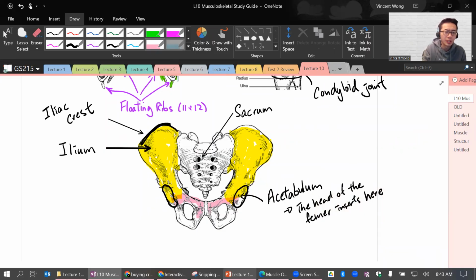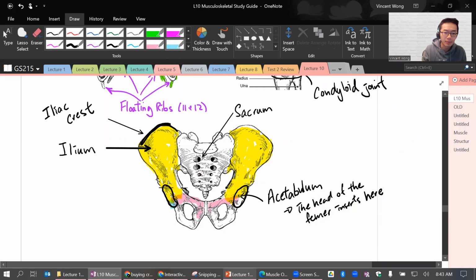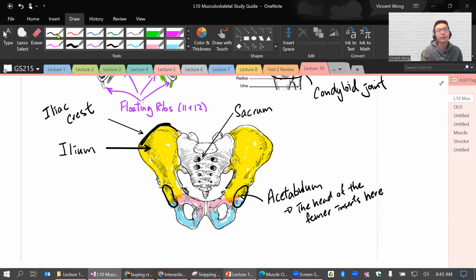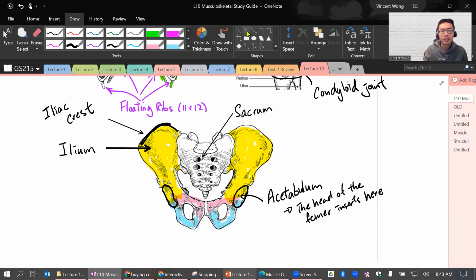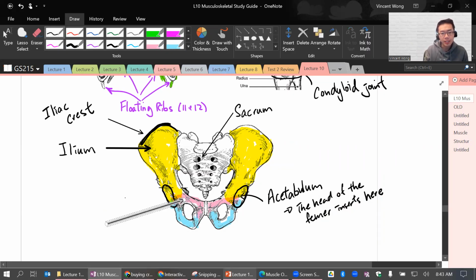I know it's not super clear on this picture, but try your best. You understand my point? Like I showed you earlier in the 3D model, the socket is formed by all of the bones. So at the front, we have the pubis.